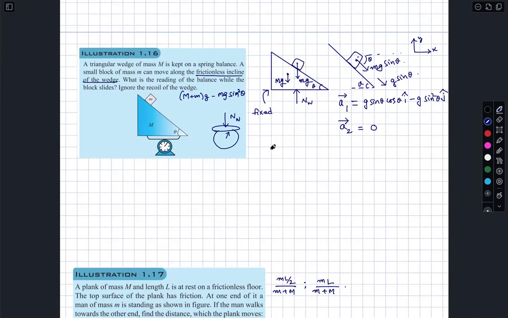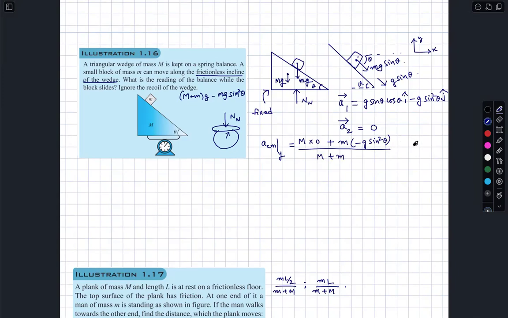Now, if I ask you the y component of the acceleration of the center of mass, you will simply say M into 0 plus small m times minus g sine square theta, divided by capital M plus small m.